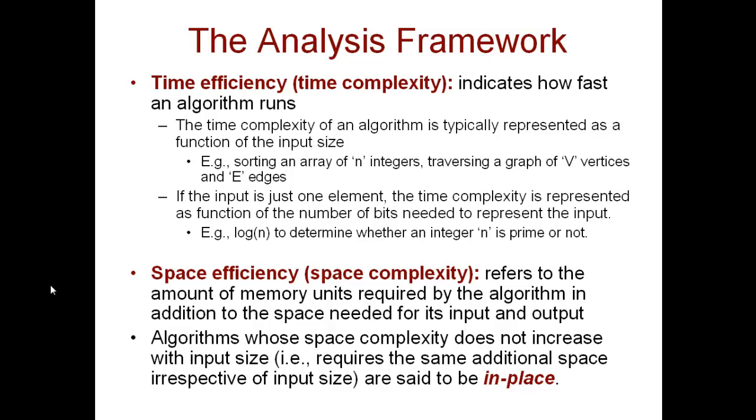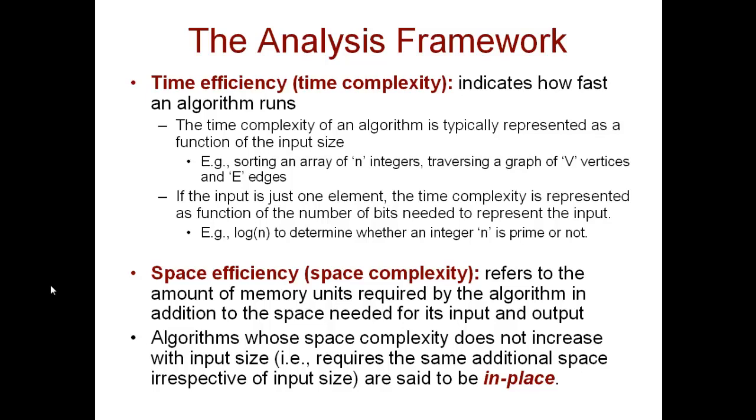If the space requirement of an algorithm does not increase with an increase in input size, so it remains the same for all input sizes, then the algorithm is said to be in place. For example, if you have a sorting algorithm that uses 3 temporary variables to sort an array of any size, that additional space does not grow with input size.